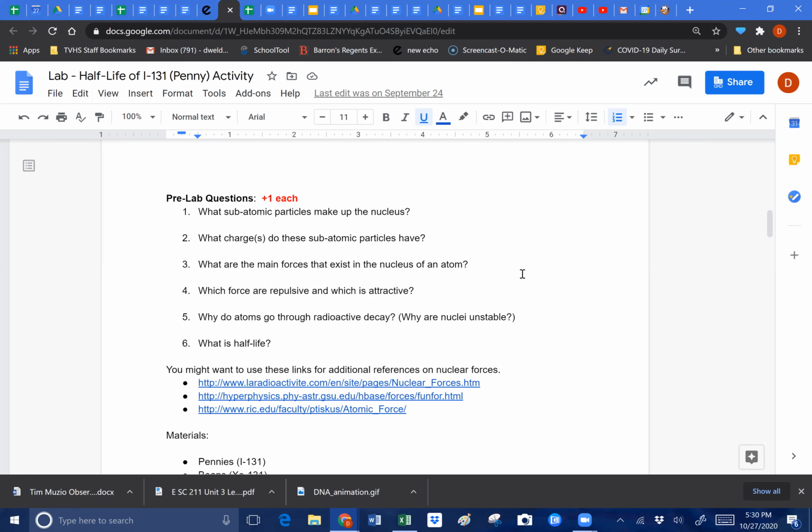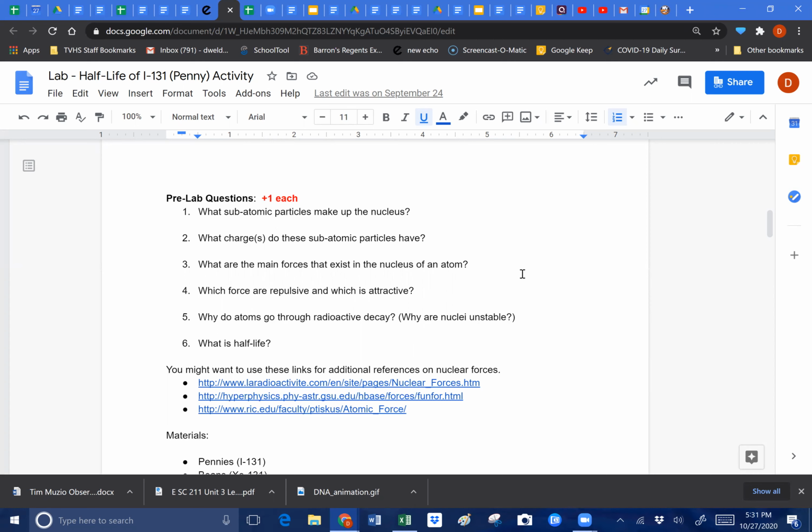If you have 2 positive charges trying to get close together, they will repel. Or 2 negative charges will repel each other. So electromagnetic is repulsive and the strong force is attractive.